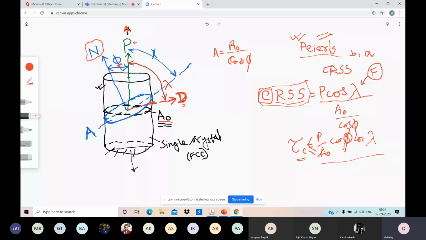But critical resolved shear stress first considers the orientation of the slip plane and slip direction with respect to your loading direction. For example, to drive a car, you need to move along the road. Suppose someone goes under the car and tries to lift it up.